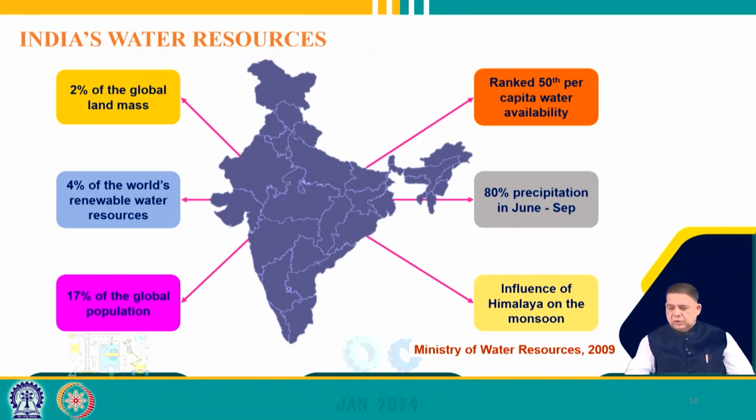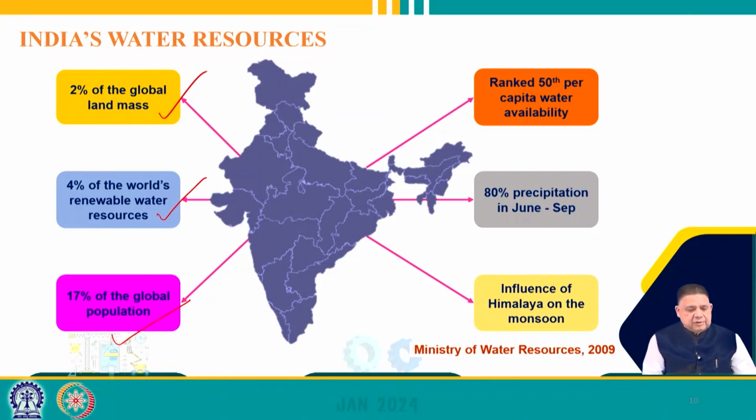Now, coming to India's water resources, India has 2% of global landmass and 4% of the world's renewable water resources, and we support around 17% of global population.